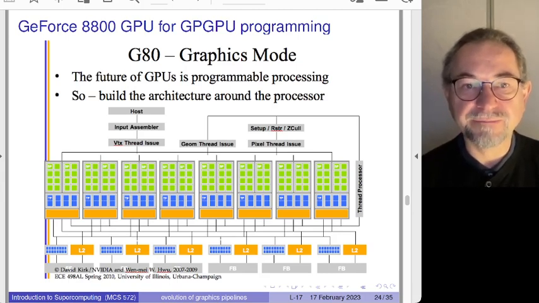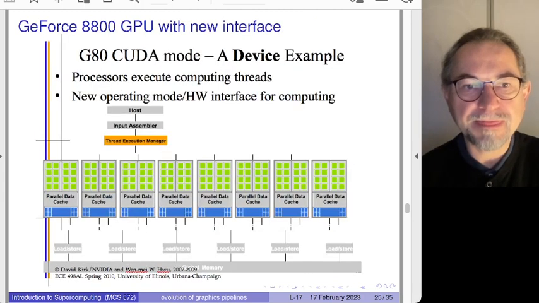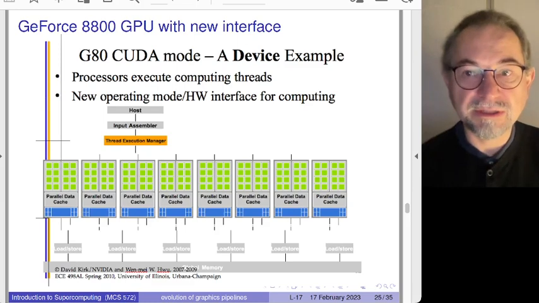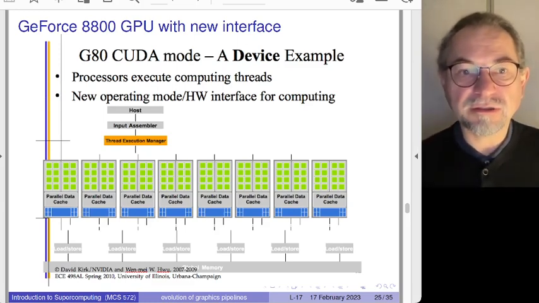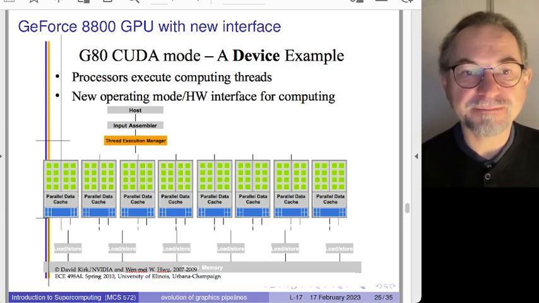So this is then the graphics mode of this processor. I took this from the slides on which this textbook is based. Then there is the other mode. So one can see this now as a more general processor where one has the thread execution manager.